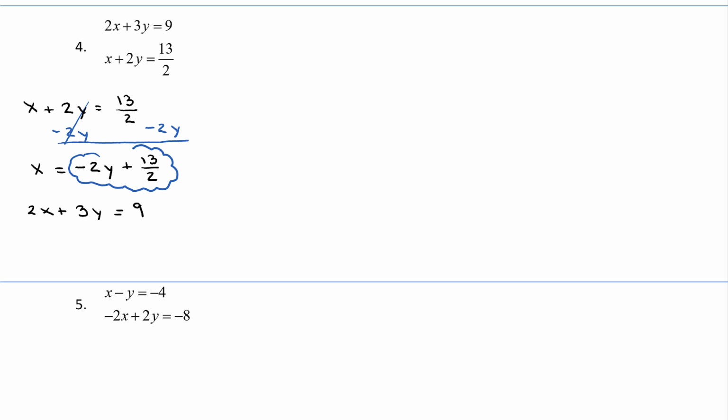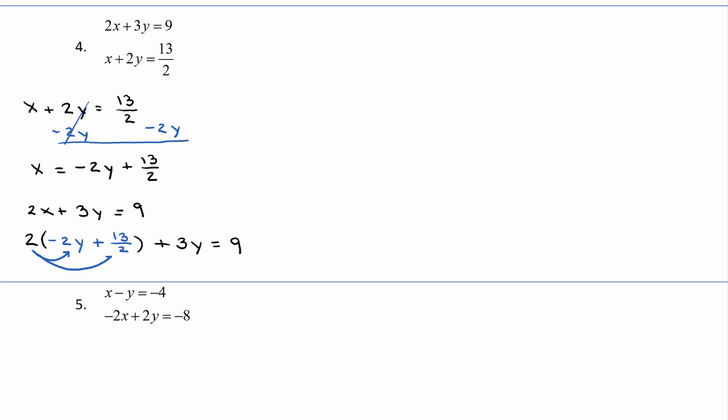I am going to draw a cloud around the expression negative 2y plus 13 halves and an arrow pointing to the x in the equation 2x plus 3y equals 9. For the next line, we're going to have 2 times, open a set of parentheses, negative 2y plus 13 halves, close the parentheses, plus 3y equals 9. Now we're going to erase the cloud and the arrow that I drew, and we're going to distribute the 2.